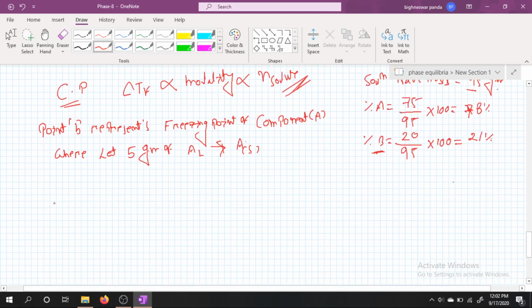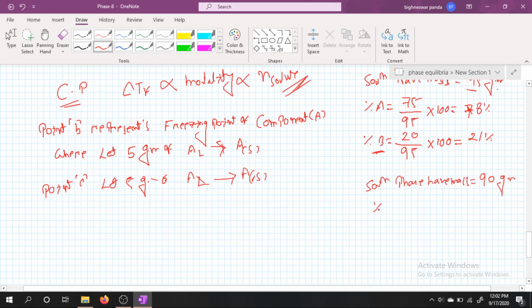Consider at point C, let 5 gram of A liquid be converted into a solid. Since 5 gram of A liquid is converted to a solid, the solution phase has mass remaining 90 gram.